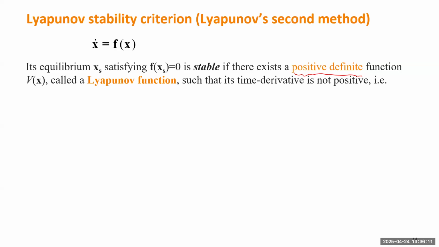Such a function is a generalized energy. It represents some type of energy, because energy has to be positive definite. And the time derivative of energy cannot be positive, because energy can be dissipated but cannot grow.